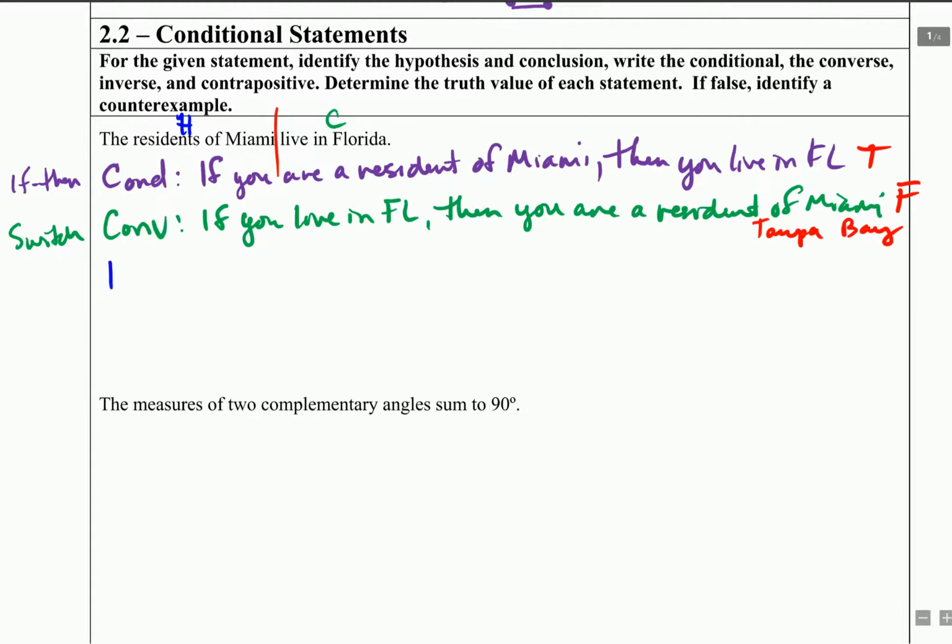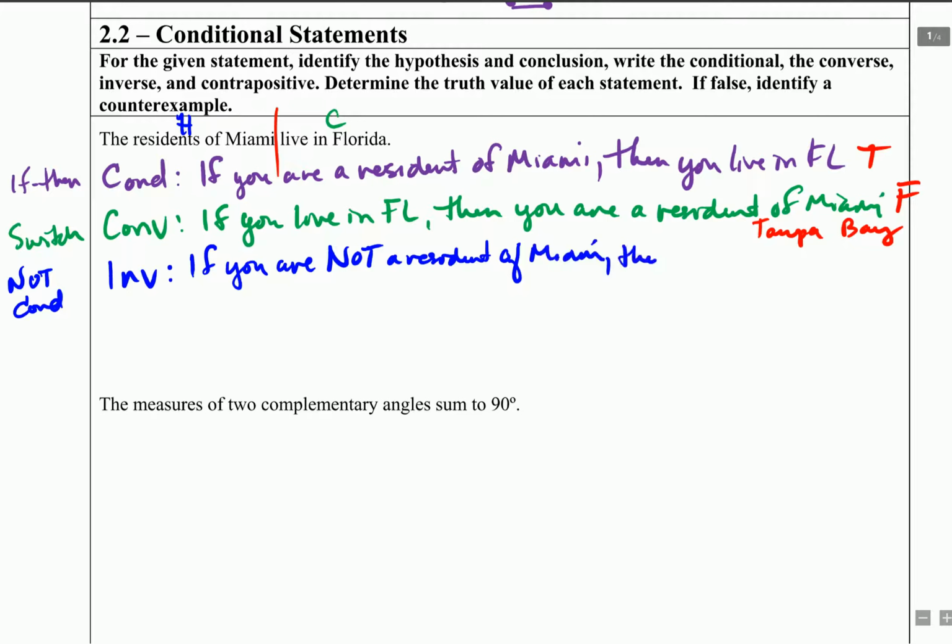All right, let's now write our inverse. Our inverse is where we negate our conditional. So if you are not a resident of Miami, then you do not live in Florida.